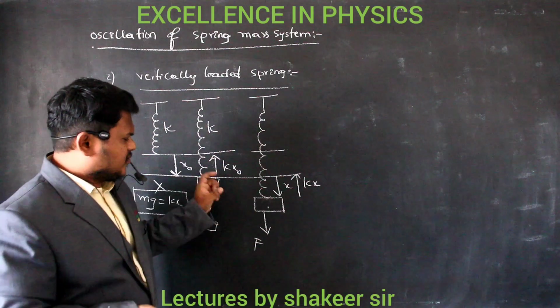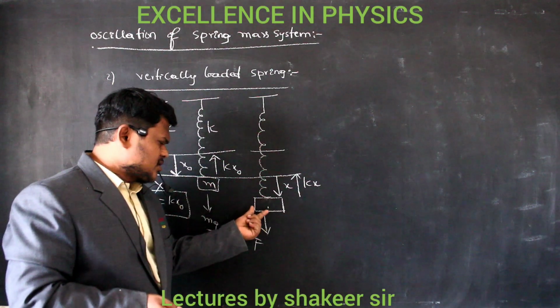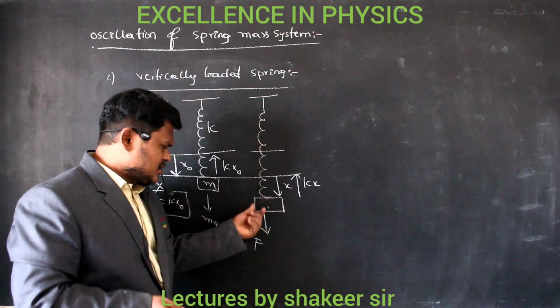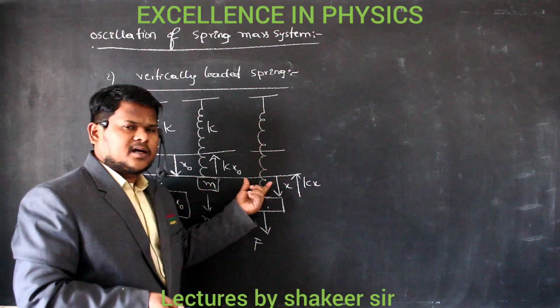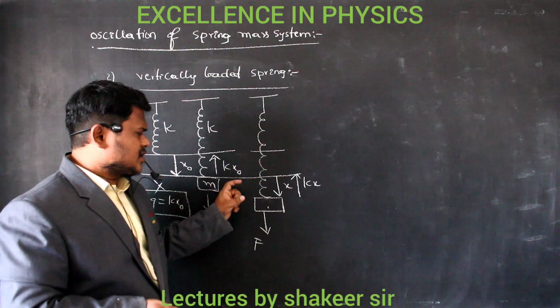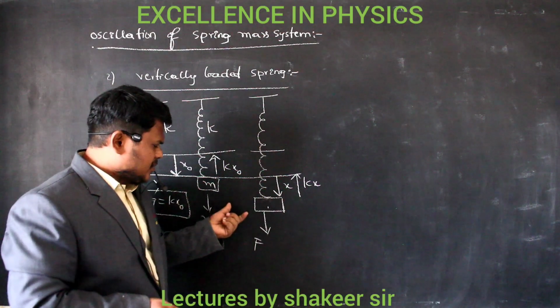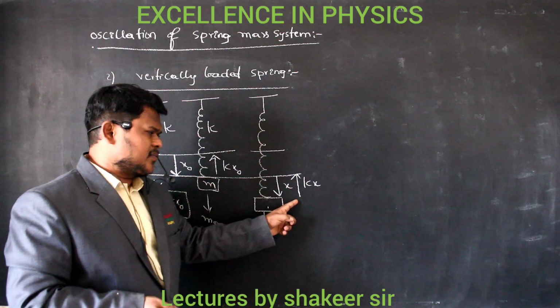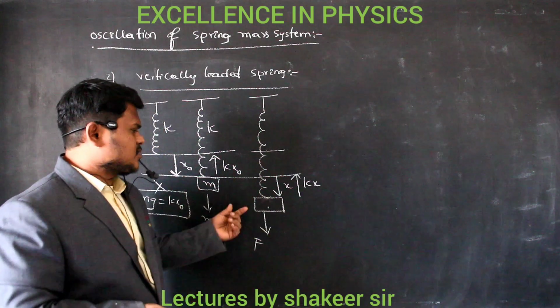Clear? Now therefore on this block, if I pull this body up to here and remove this force, what is this force? This is the external force with which I have elongated this spring by an additional distance of x. So if I remove this external force, then only Kx will be the net force acting on this mass. Clear?